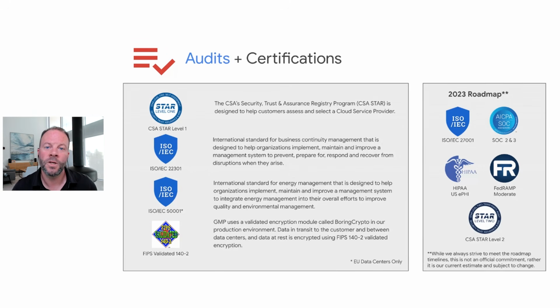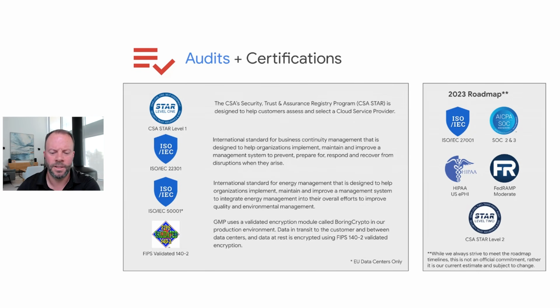Talking a little bit more about encryption. So we talked about how Google operates and how we encrypt data at rest and in transit, but many organizations that have very restrictive security requirements want to know what encryption is being used. They want to understand what cipher suites are in play and have they been tested. So at Google, what we've done is we've taken our encryption module. It's actually called boring crypto because it's fairly boring.